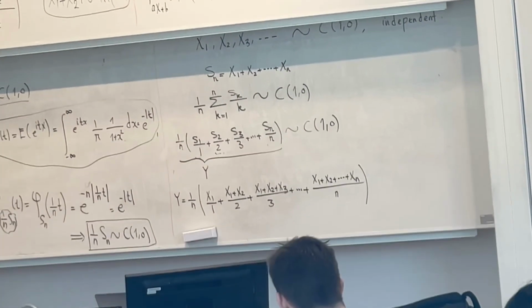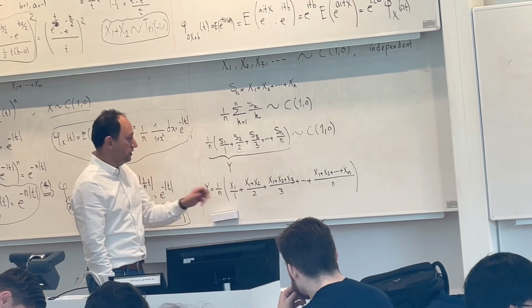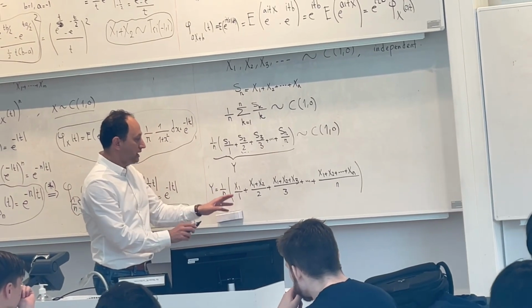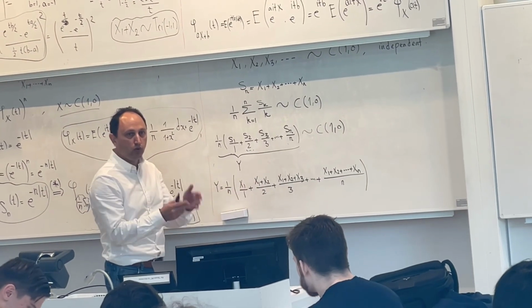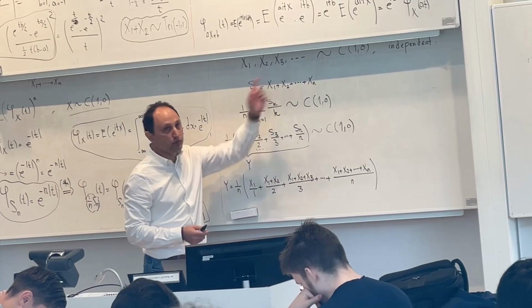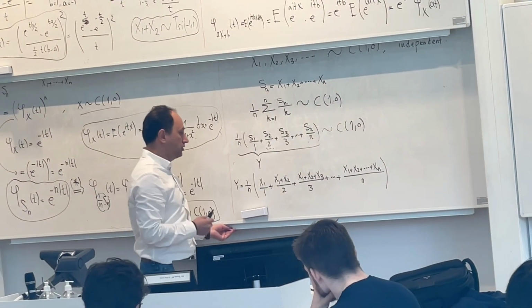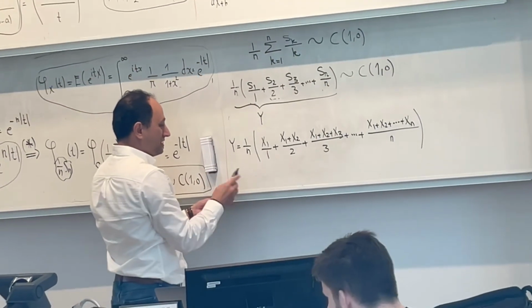Okay. So I have just written the names, but do you see that this is good? Because now I can rearrange this as a linear combination of only x1, x2 up to xn. And I know that x1 up to xn are independent. So then I can use it. But this is just simple algebra.